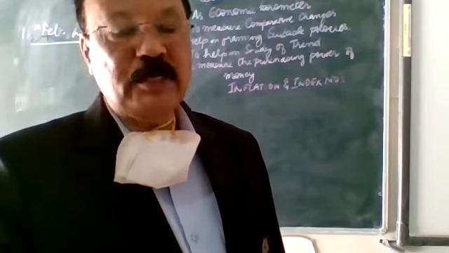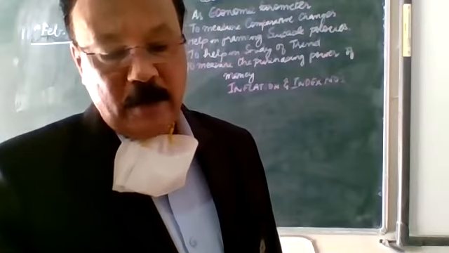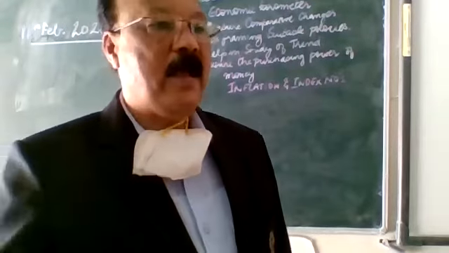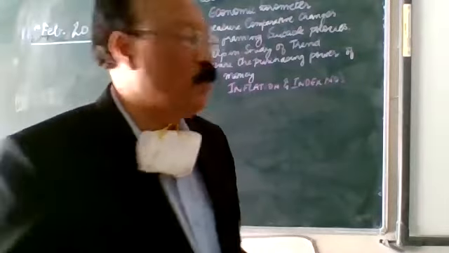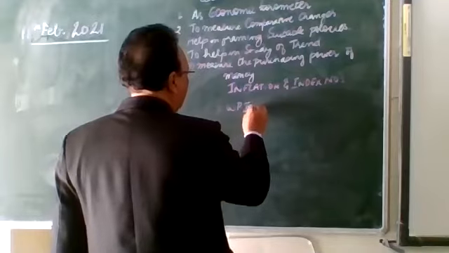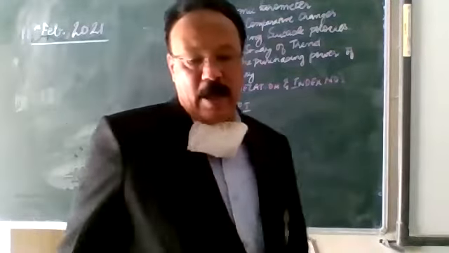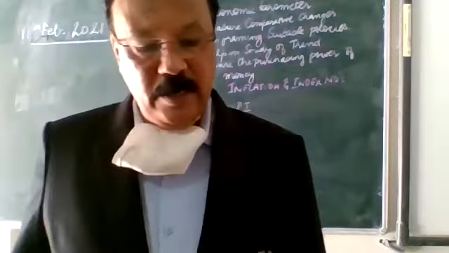Then the variations in the general price level of India are measured by 2 types of index numbers. First of all, the wholesale price index, WPI, and the second is the consumer price index, which we have already done. Now, what is the wholesale price index?